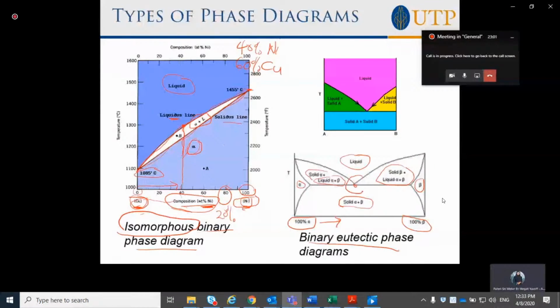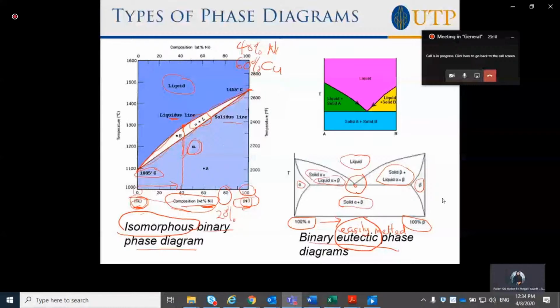This point is what we call eutectic. What does eutectic mean? Eutectic means easily melted. That's what it means. Why is that point easily melted? Let's say you have a composition exactly at that point, and then you heat it up.